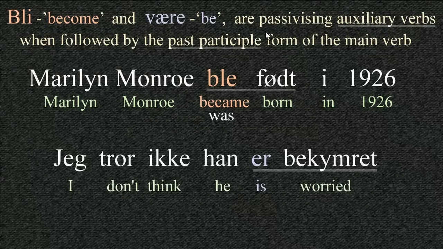Okay. Now, here you go with Marilyn Monroe was born in 1926, but if you've noticed, ble født is used all the time. It's not var født. It isn't used like that.